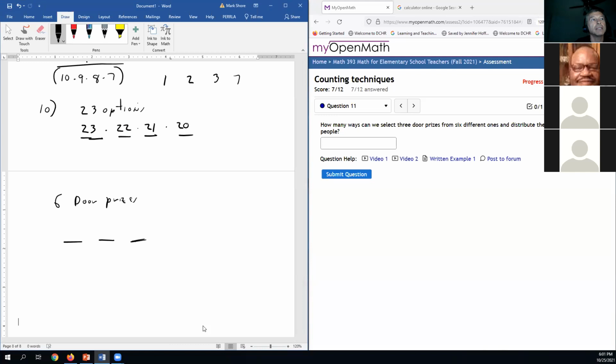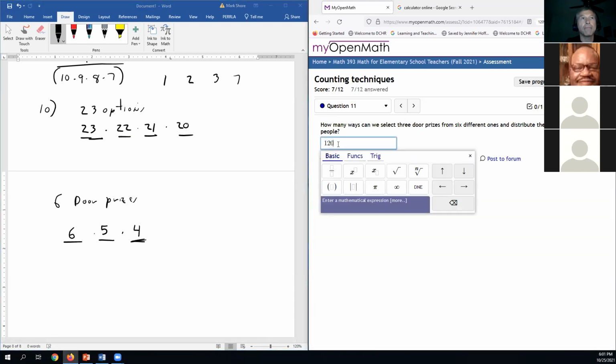Okay, so that really isn't needed. It's just once we get these, we're giving them to 3 people. So person 1 here gets any one of the 6 door prizes. Once that's given away, we're down to 5 door prizes for this person to get. And then this person can get any of the remaining 4. So it's just that right there. Just 6 times 5 times 4, which is 120.